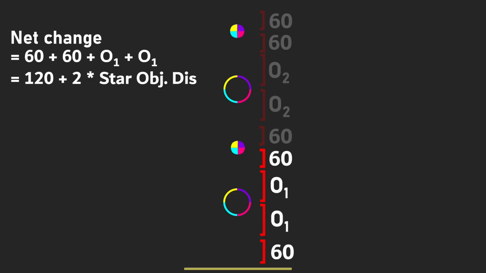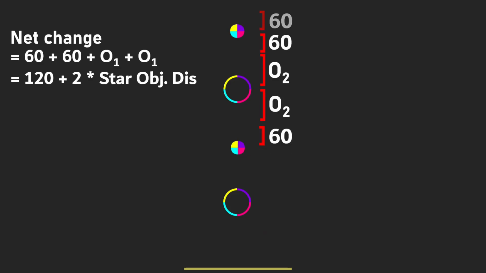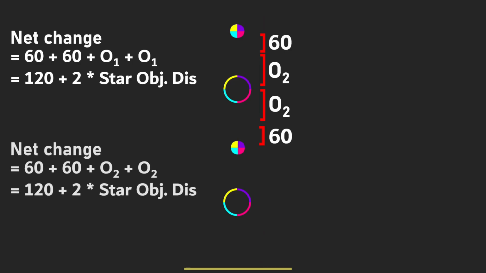Beyond this, we can calculate the additional height to cover for the next switcher. That would be 60 plus O2 plus O2 plus 60. This would again simplify to 120 plus 2 multiplied by O2. Given that we store object distances within the switch object distance variable, the code will be set up this way.